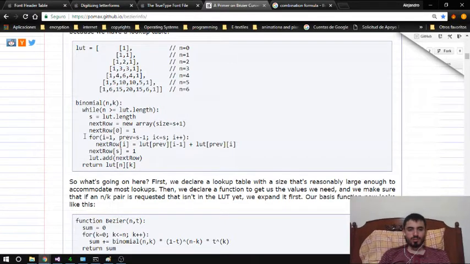Okay, so he's just starting on using lookup tables instead of the factorial.